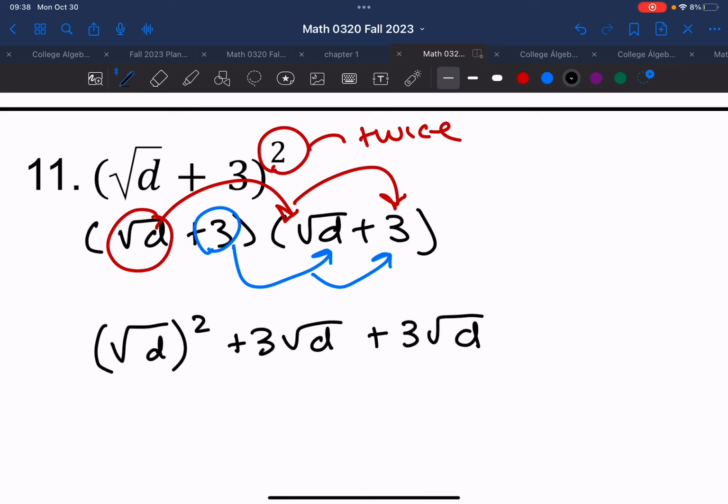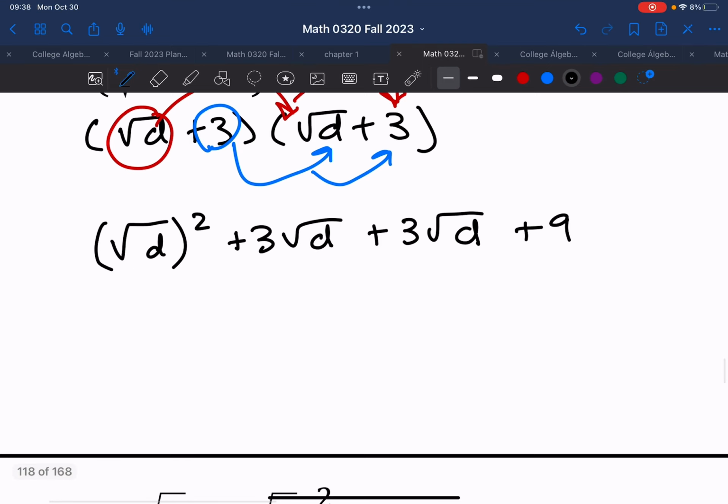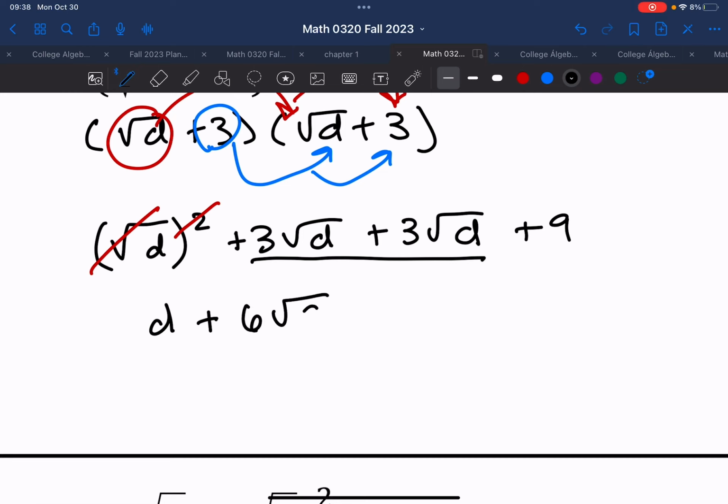And 3 times 3, 9. What happens to the square root of d in the square in the first part? Cancel. So I'm left with d plus, how do we combine these middle terms? Add them. So 3 plus 3, 6 square roots of d plus 9. Is there anything that I can combine further here? No, so that means this is my answer.